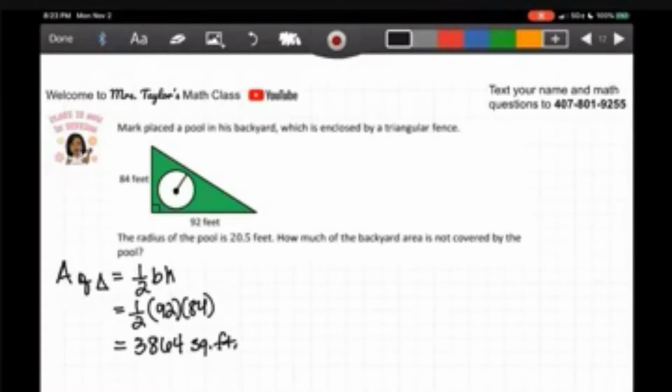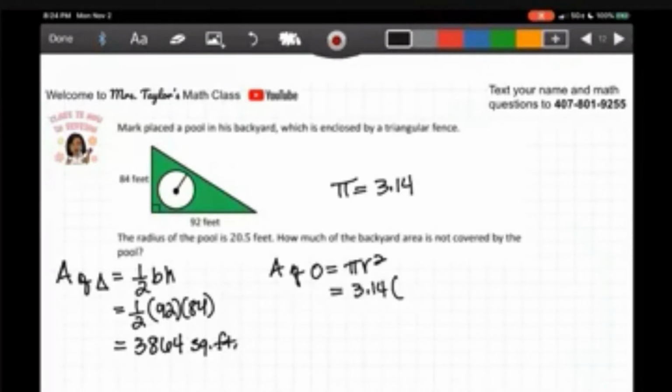Okay, so that's the area of the entire backyard. Then it says you want the area of the circle. So let's find the area of the circle is pi r squared. And remember, pi is 3.14. The radius in this case is 20.5. So this would be 3.14 times 20.5 squared.